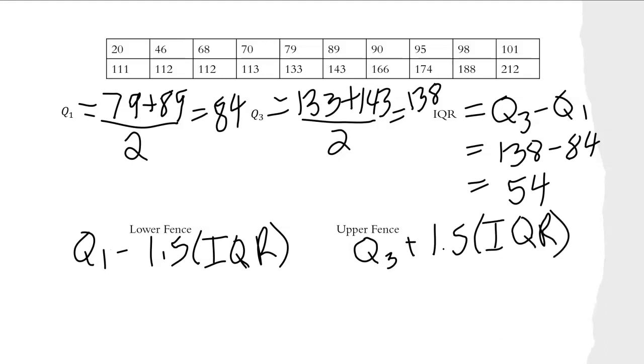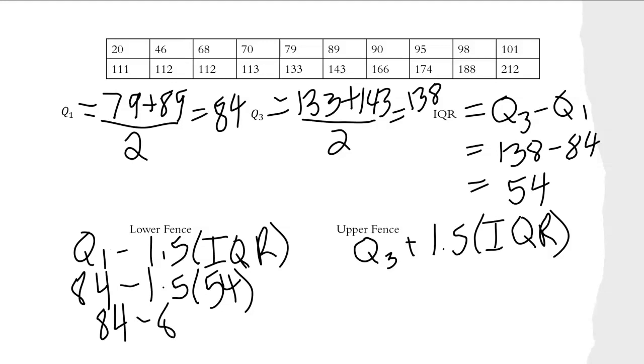All right, your Q1 is 84. You're going to do minus 1.5 times your IQR, which is 54. And when you work that out, 1.5 times 54 ends up being 81. So you get 84 minus 81, which is 3. That's your lower fence.